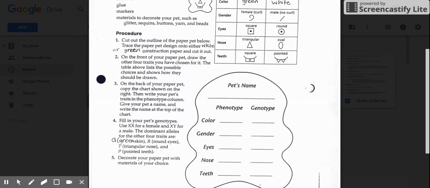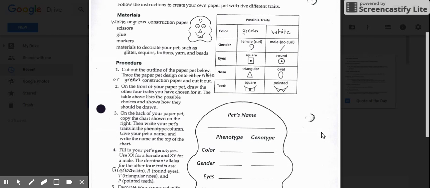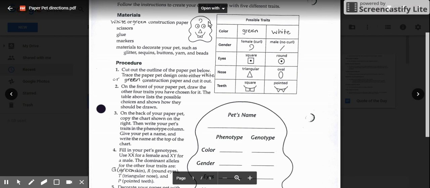Once you have the color of your parents done, you are going to work through the 4 other traits. First, you will have one female parent and one male parent. The sign for the female parent is a little curl. A male parent has just the straight line. You can see in this image, this parent would be a female because it has the curl.